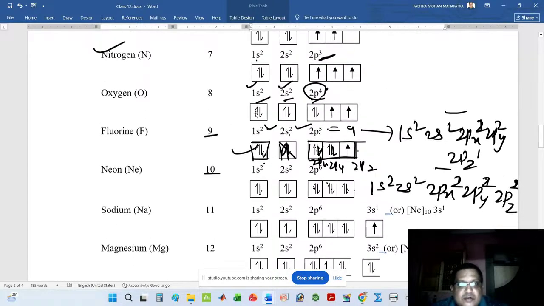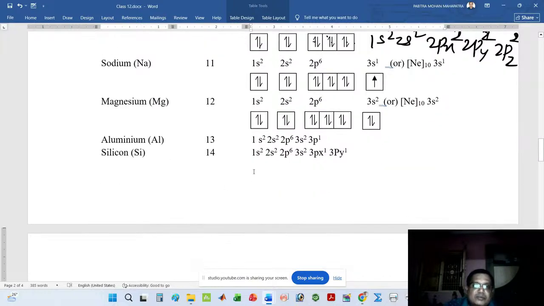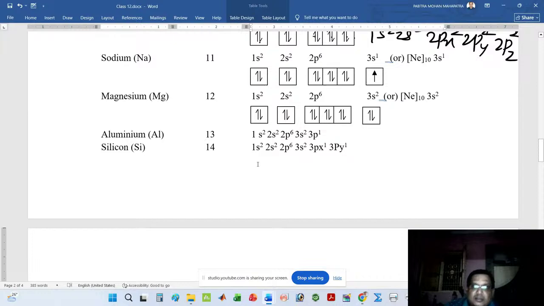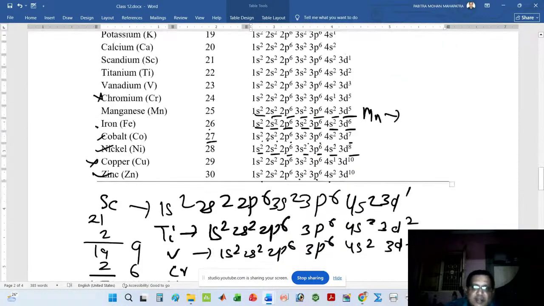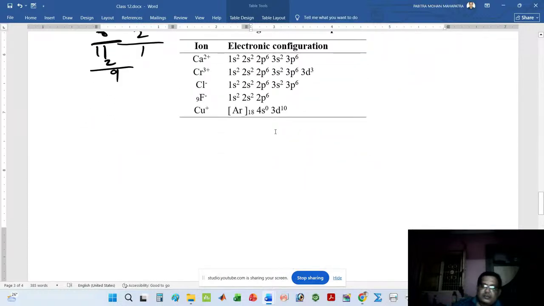Similarly, you can detect whether any orbital is half filled, fully filled, or neither, by drawing the electron configuration and seeing the number of electrons present in the subshell or orbital. Now let's come to chromium, which has atomic number 24, and copper.